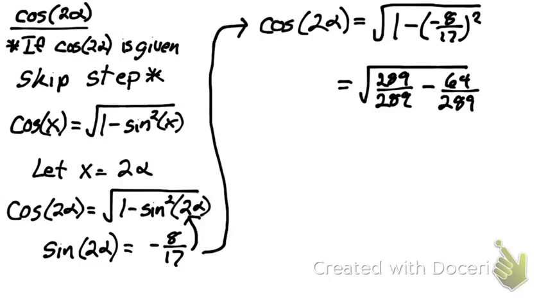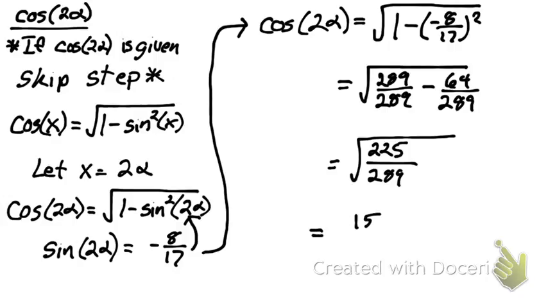So just remember, I rewrote my 1, so I have a common denominator right off the bat. Well, this is going to equal the square root of 225 over 289. For those of us that know our perfect squares, that's a good number. The square root of 225 is going to be 15, over the square root of 289, which is 17.